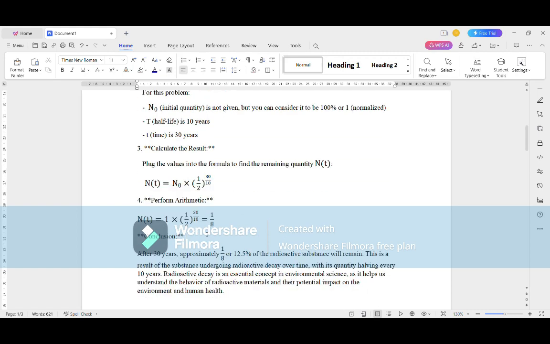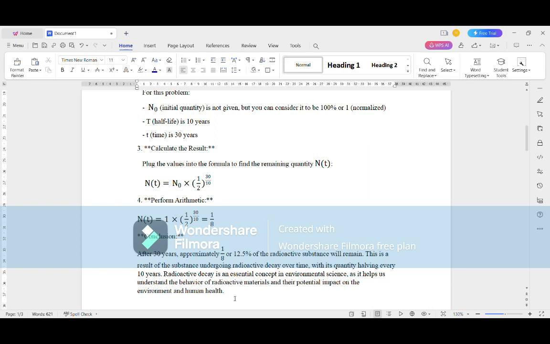So we have this conclusion: after 30 years, approximately 1/8, or 12.5%, of the radioactive substance will remain. This is a result of the substance undergoing radioactive decay over time, with its quantity halving every 10 years.